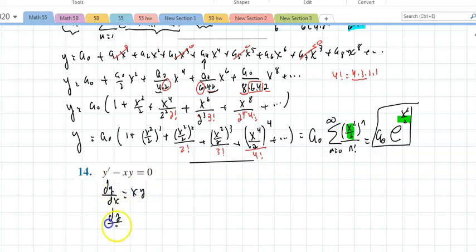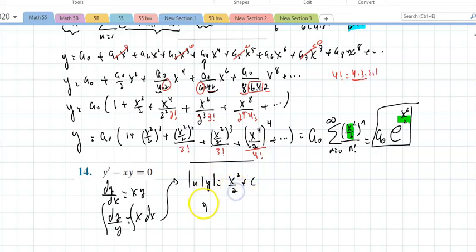Wouldn't that mean dy over y equals x dx? And you integrate. Doesn't that mean natural log of absolute value of y equals x squared over 2 plus c? And wouldn't you say y equals e to the x squared over 2 plus c? Wouldn't that mean y equals some c1 e to the x squared over 2?